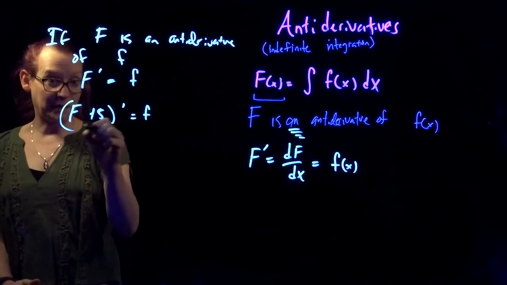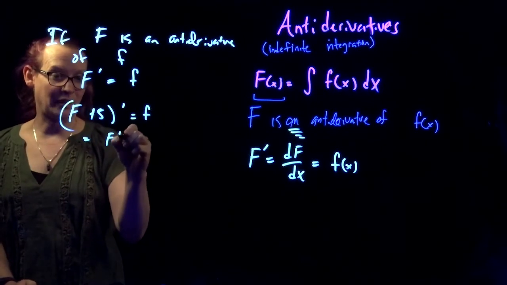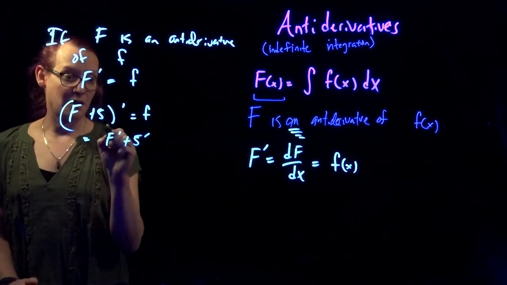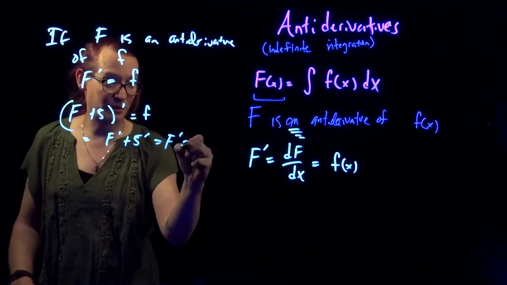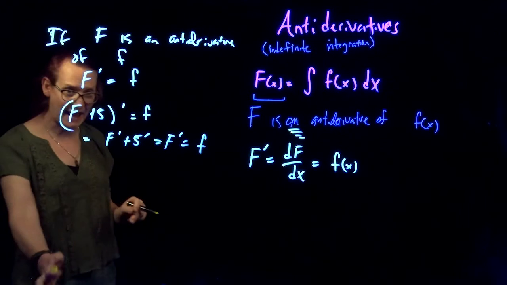Why? Because this thing is equal to capital F prime plus 5 prime, but the derivative of every constant is just 0, so that's just capital F prime, which we already established is lowercase f.